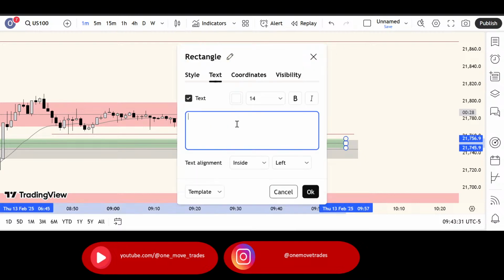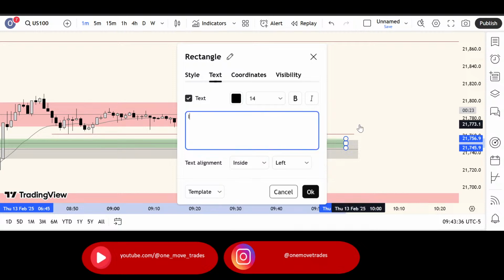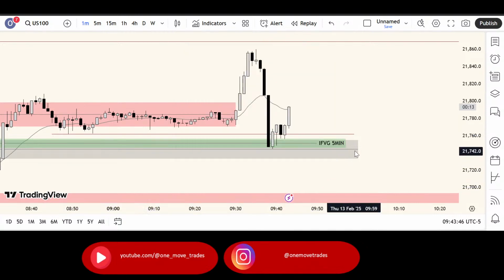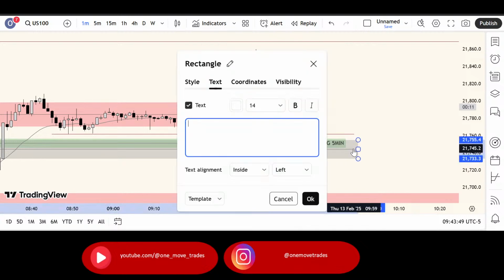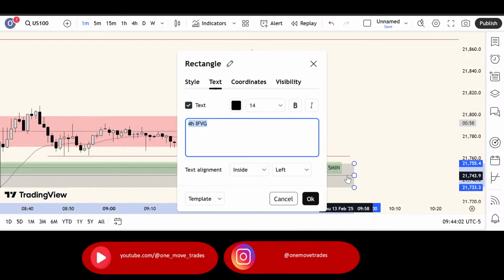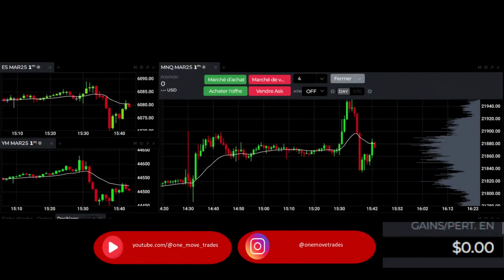I will type here that this is a fair value gap 5 minutes inside, and this is a 1 4 hour. So we did close.